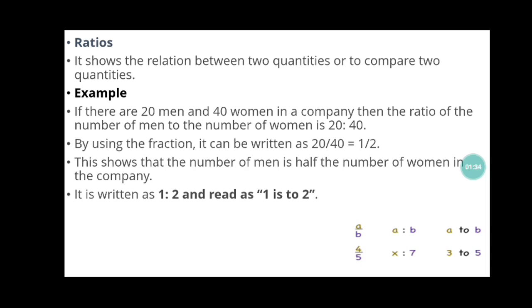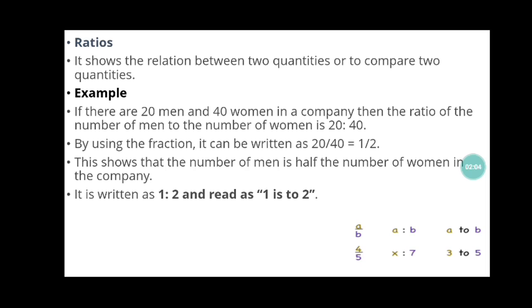If we divide 40 by 20, then it will be 2/1, not 1/2. As you can see in the second part, our answer is 1/2. So that's the biggest mistake we make. Then we would be saying that the number of women is half the number of men. That is wrong. We have to correct it.